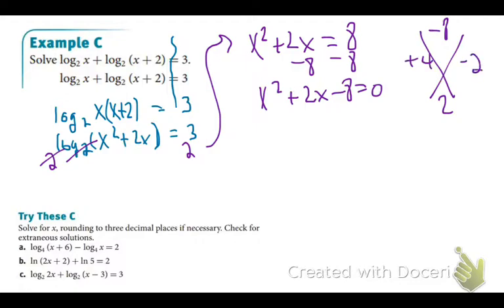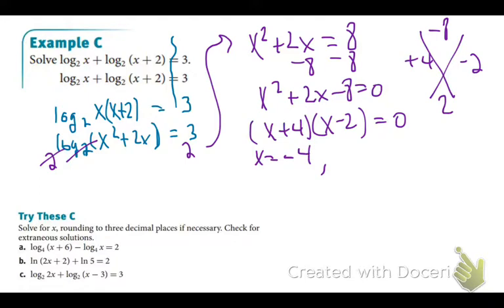Okay, so let's put that in. So x plus 4, x would have to be a negative 4. And over here, x minus 2, x would have to equal a positive 2.